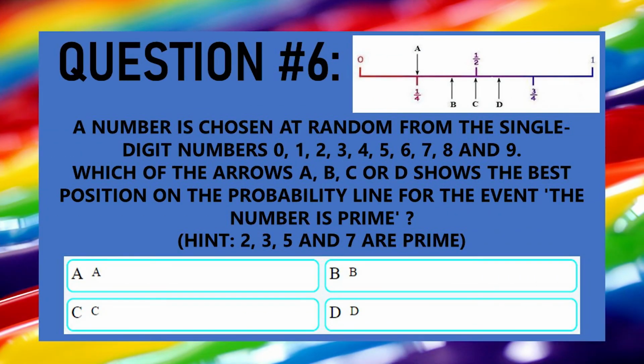Question number 6. A number is chosen at random from the single-digit numbers 0, 1, 2, 3, 4, 5, 6, 7, 8, and 9. Which of the arrows A, B, C, or D shows the best position on the probability line for the event: the number is prime? Hint, 2, 3, 5, and 7 are the primes.